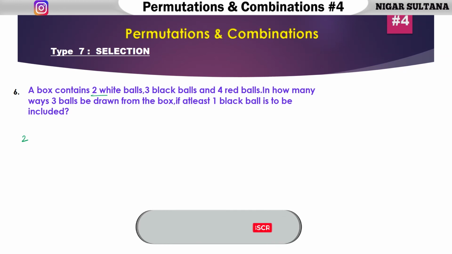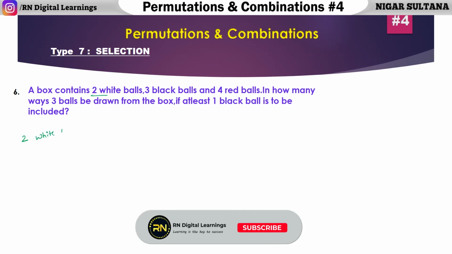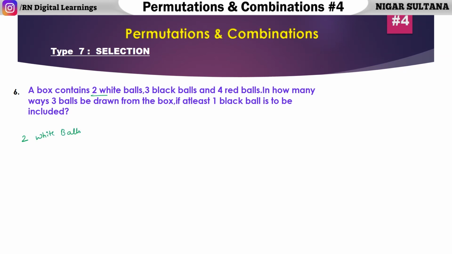First let's write down 2 white balls. Next, how many black balls? 3 black balls. Next, how many red balls? We have 4 red balls. Now how many have to be drawn? 3 balls have to be drawn.